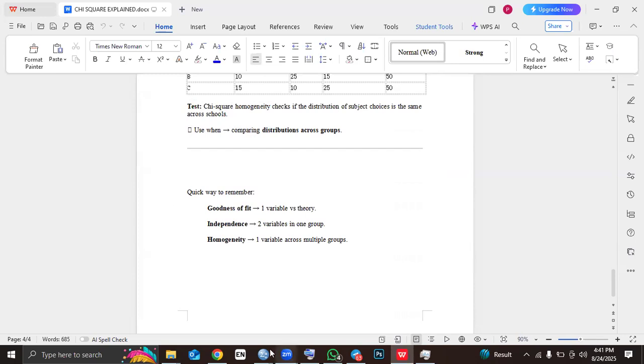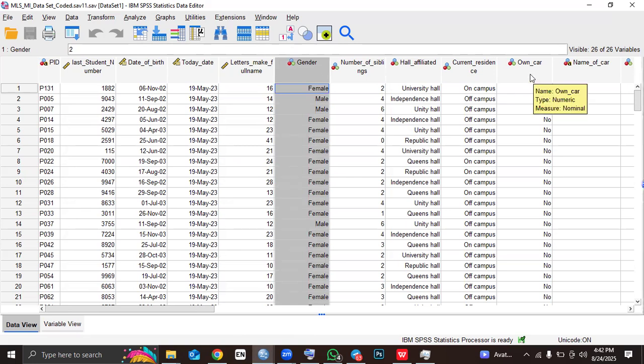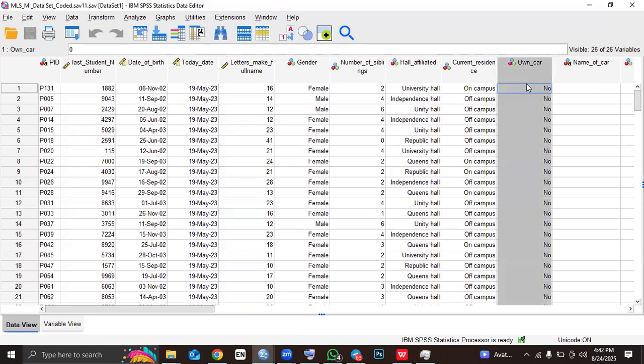Good. So let's solve a practical example. Let's say we wanted to find whether there's a relationship between the gender of participants in this particular study and whether gender is somehow associated with owning a car.